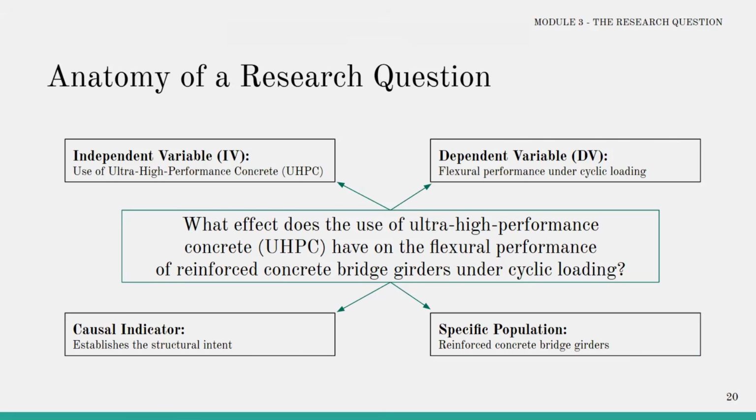See, there are four components here. There is an independent variable, the use of UHPC. There is a dependent variable, flexural performance under loading. There is a causal indicator, establishing the structural intent. And finally, it's targeting a specific population: the reinforced concrete bridge girders.